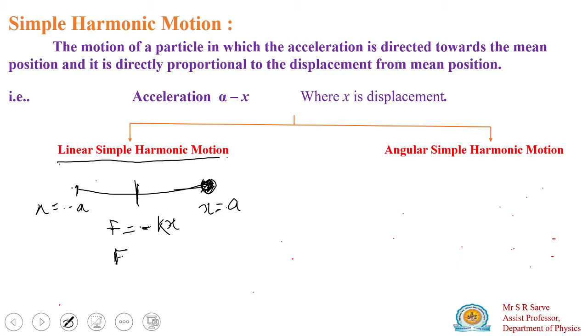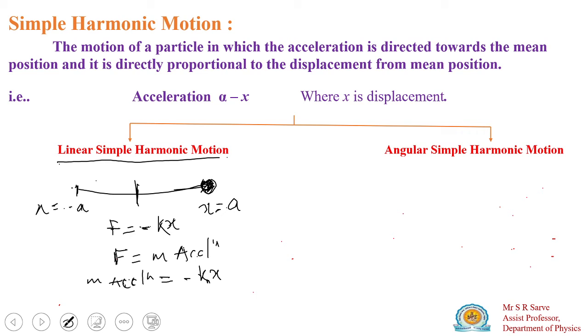Force is equal to mass into acceleration. If you compare these two equations, mass into acceleration is equal to minus k into x.